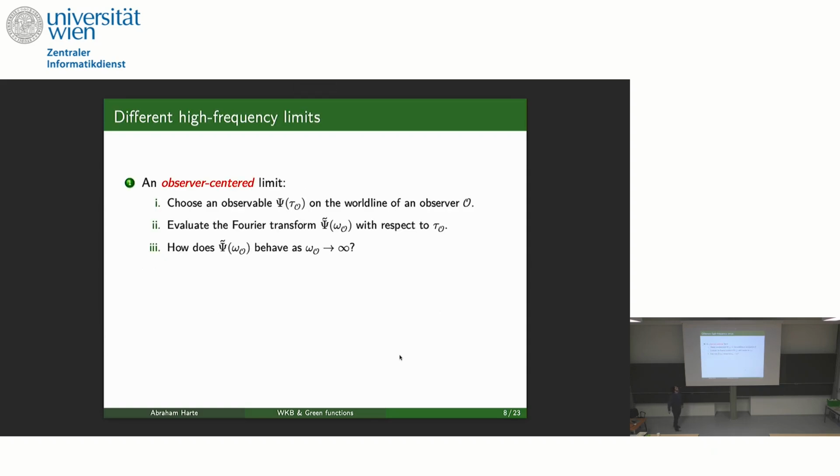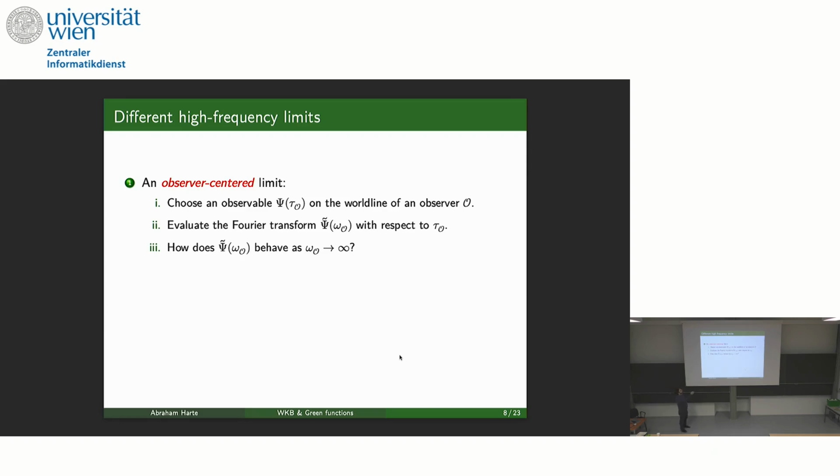Okay. So I'll start with what I'll call the observer-centered limit. And so the idea here is that we have some observer, and that observer is going to choose some observable, I'll call psi, so this could be a field. And we want to ask, okay, what is this field as a function of the observer's proper time? So you have to make that choice at the beginning.